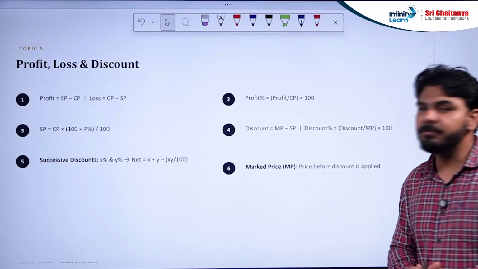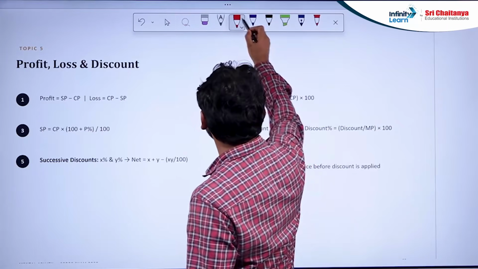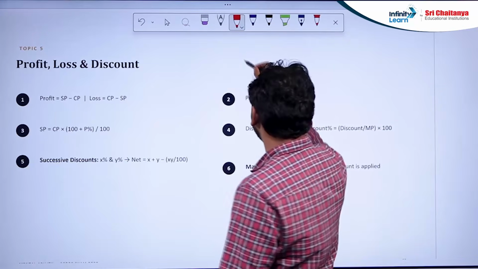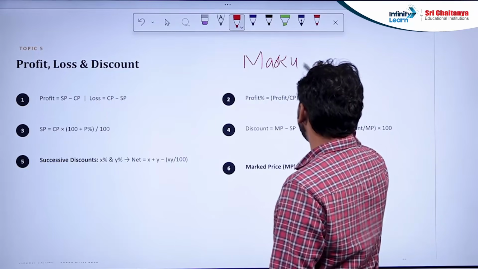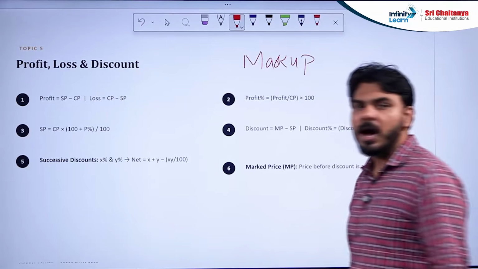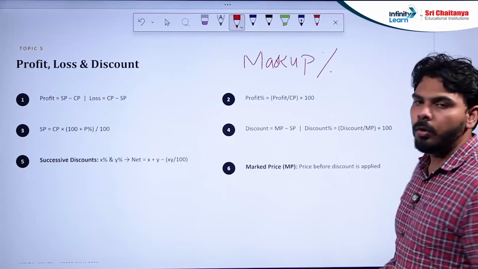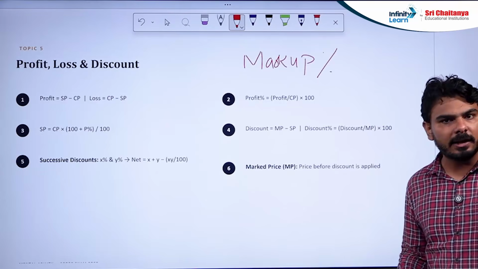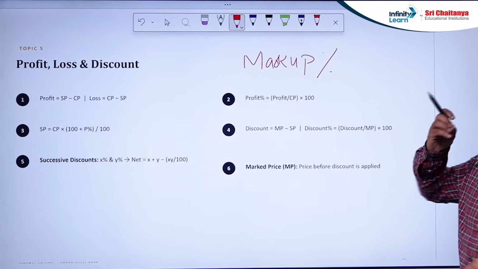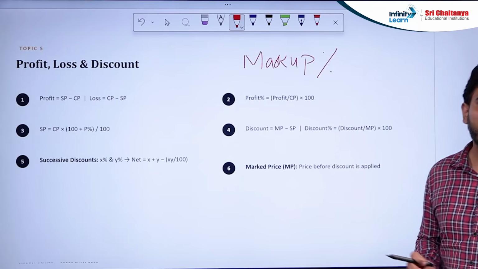But most students will find difficulty when they see a term like markup, markup percent. You might know about it, but I can say with surety that there are many students who do not know the meaning of the term markup percent.